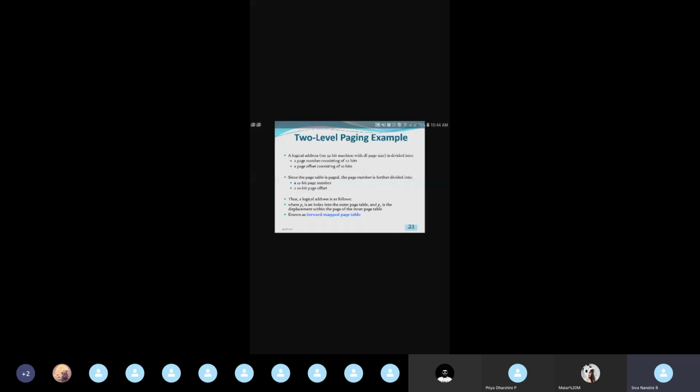We will see with an example. For example, I'm taking a 32-bit logical address space.